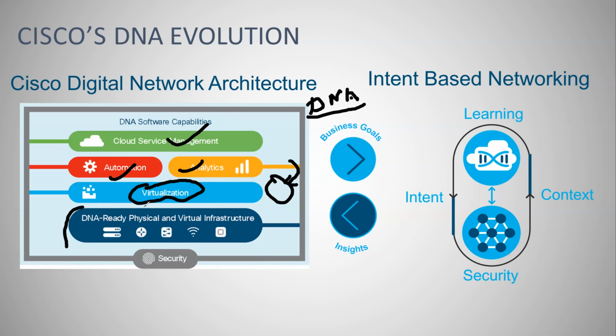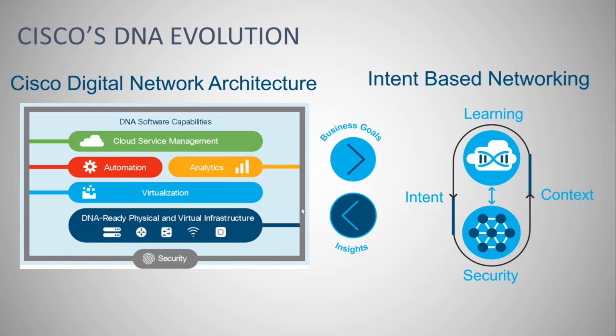But what does it mean by DNA-ready physical and virtual infra? I would assume that means you have to have Cisco devices. That may be one good point here, but DNA supports non-Cisco devices as well. DNA supports Juniper, Dell, any number of devices, but not full-fledged, 100% support like it can do with Cisco devices.